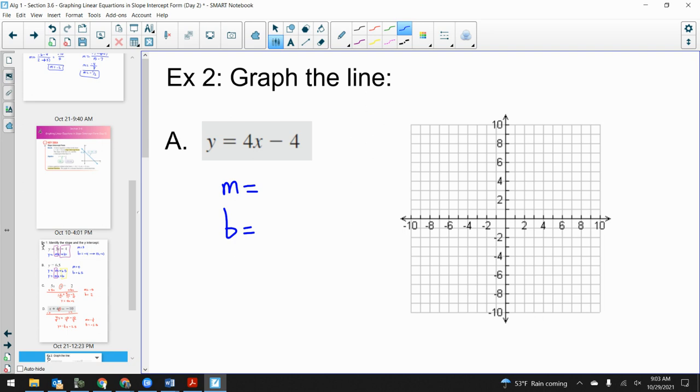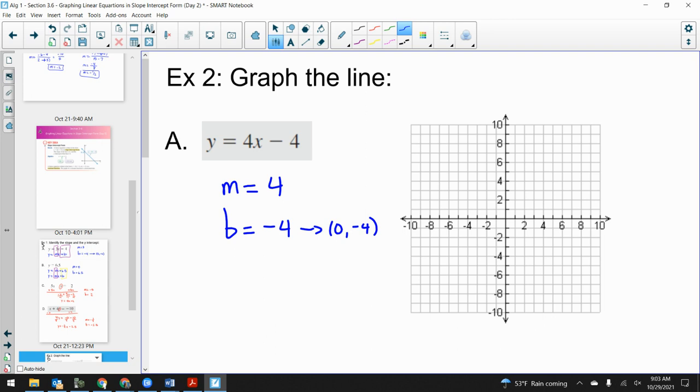So somebody tell me, what is the slope? Don't say 4x, just 4, right? Remember, m is a number. So 4. My y-intercept? -4. Now, remember that is the coordinate 0, -4.